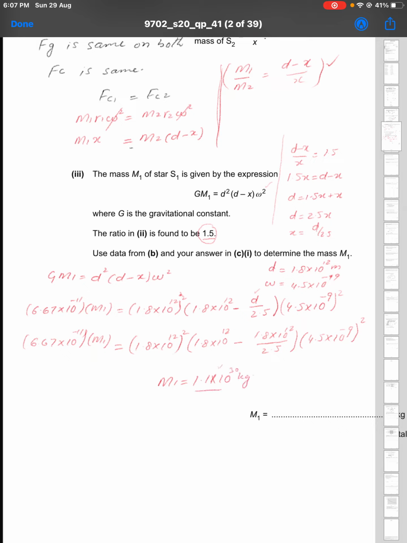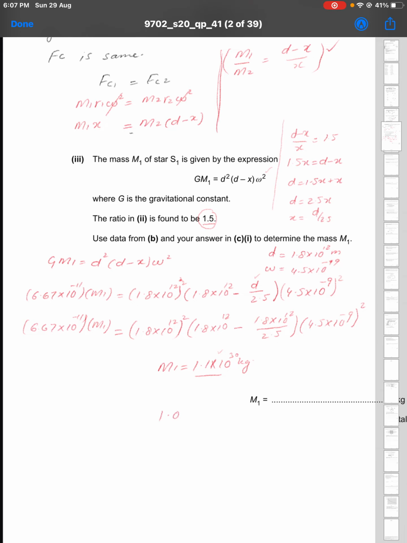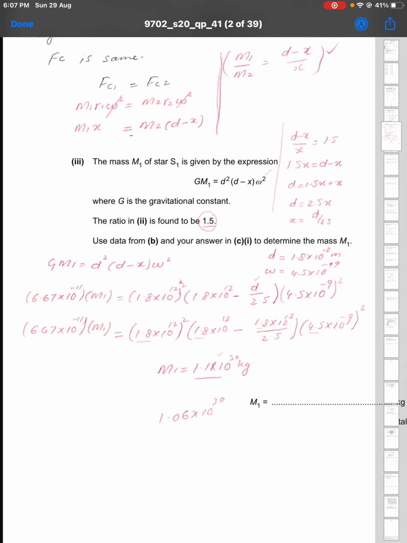I wrote this answer after rearranging; the actual answer I get is 1.06 into 10 to the power 30. I write the answer in 2 SF, because look, here I am using 2 SF throughout. So the answer will be 1.1 into 10 to the power 30 kilogram. Thank you.